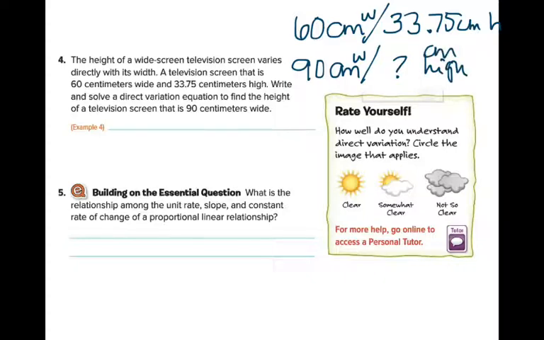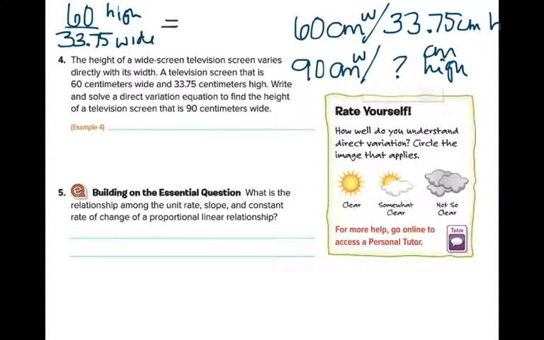We have a couple options. We can take the 60 centimeters wide, 33.75 centimeters high, and we could come up with our unit rate. So we would say if it's 60 centimeters high, and the h is not a variable, that's just telling me it's high, by 33.75 wide.